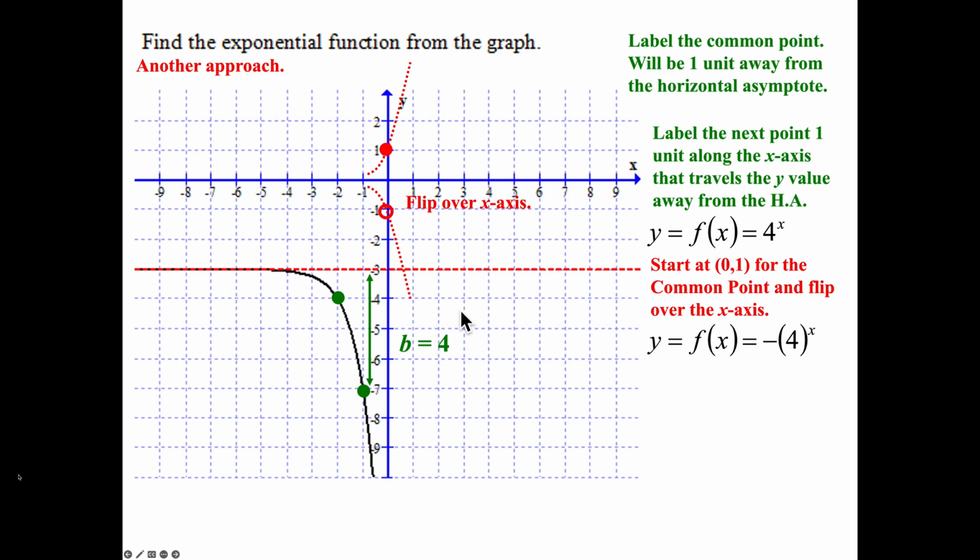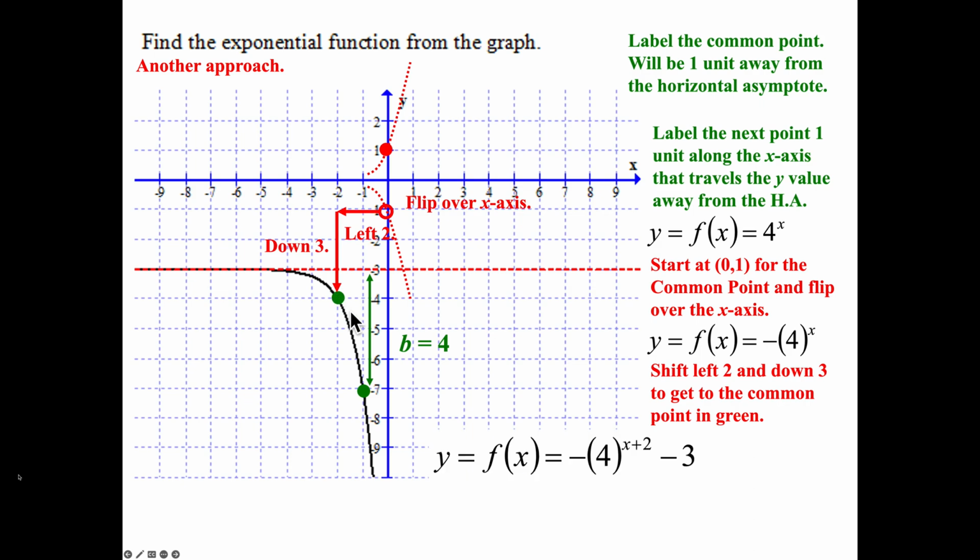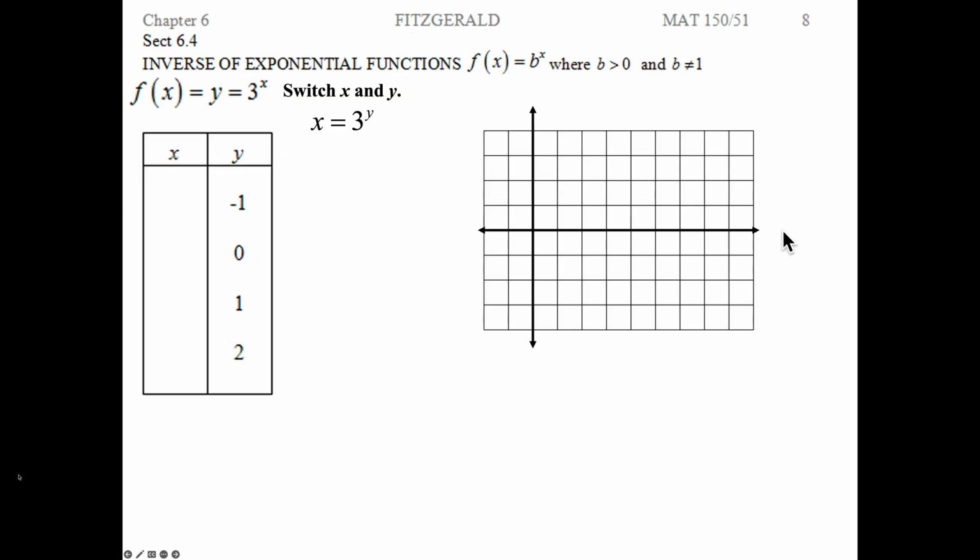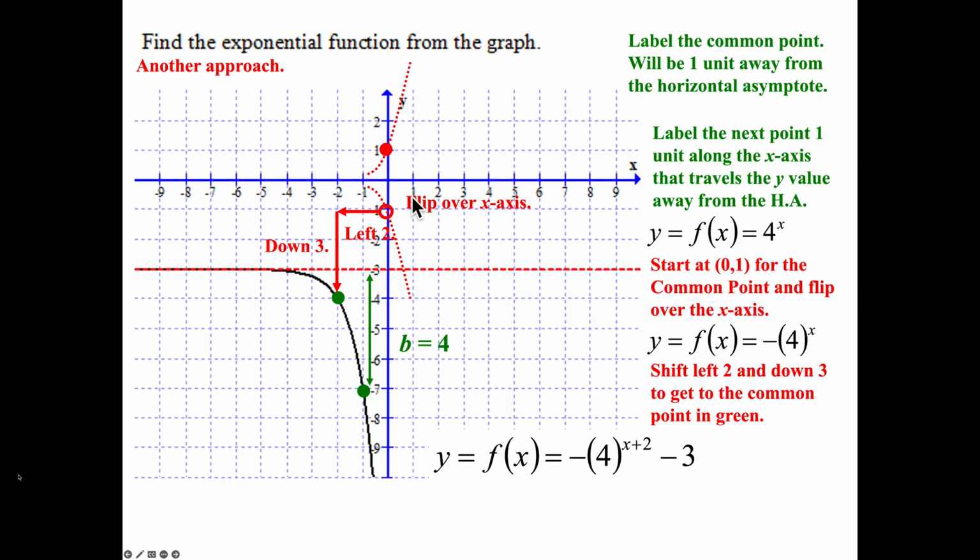That's my negative 4 to the x. Then I got to go left 2. Okay, that's going to be my x plus 2. And then down 3 to get to this location of the common point. So that's my minus 3. That's the way I like to look at it. Start with the basic function like we did with the graphs in the previous video. And then go ahead and do your transformation rules to get there. And that's the last of 6.3.